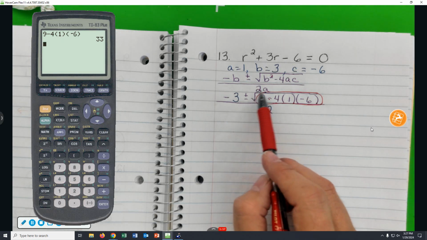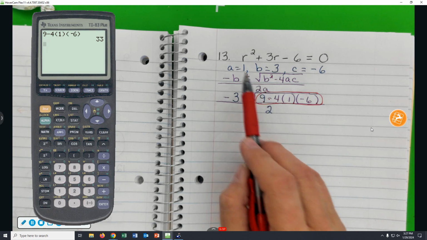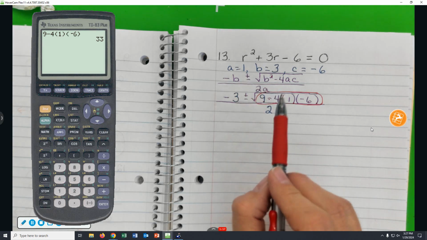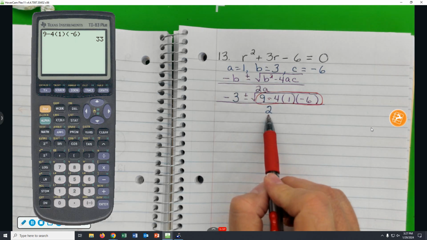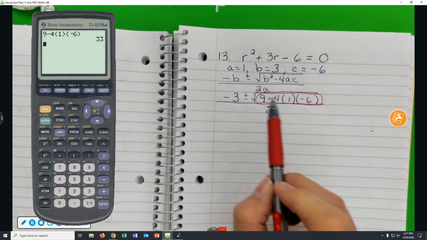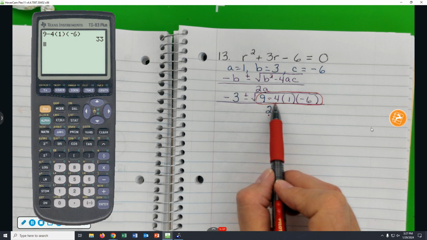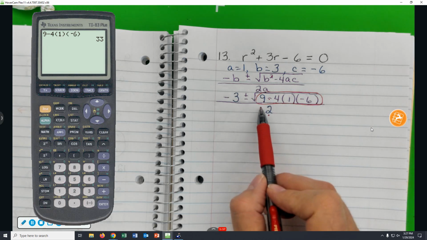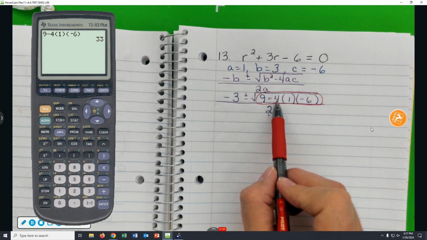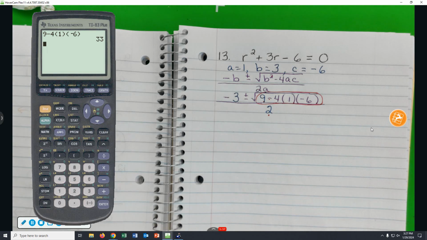I do the 2 times a in my head. 2 times 1 is 2. Next, I simplify under the square root symbol. 9 minus 4 times 1 times negative 6.